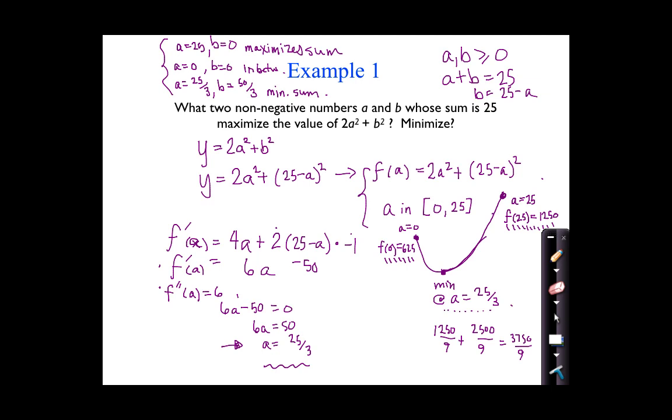But in terms of answering this question, we found a function whose dependent variable is the quantity we're trying to optimize, maximize, and then minimize. And it was just a matter of taking the general structure and changing it into a function of one variable by realizing the relationship between the two letters that were used there. One depends on the other, in essence, because a plus b has to be 25, that extra rule at the beginning.